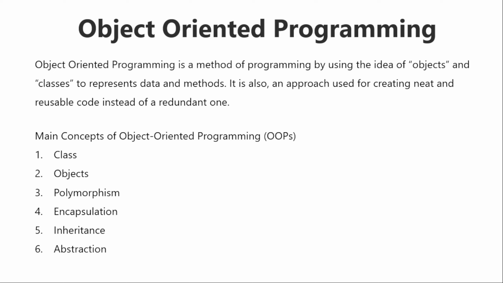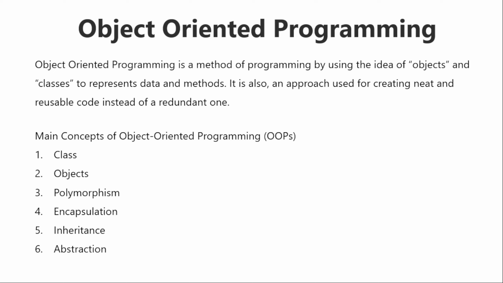So object-oriented programming is a method of programming which uses basically two parts, objects and classes, to represent data and methods. Data are also known as attributes. It is also an approach of creating neat and reusable code instead of writing redundant code. Object-oriented programming is also known as the OOPs concept.